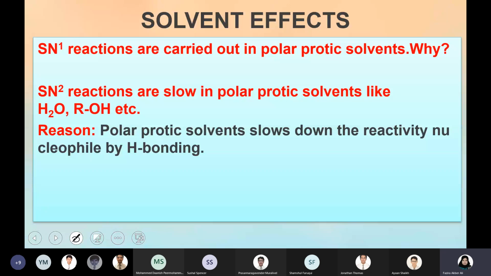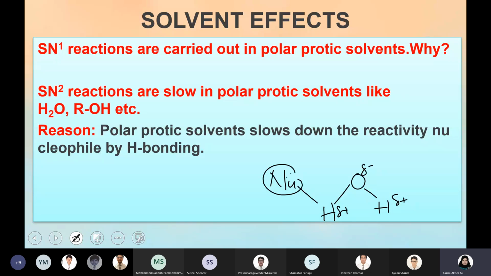The reason: polar protic solvents, for example water, it's a protic solvent, and on top of that it's polar also. That means there is a negative charge and a hydrogen positive because of the electronegativity difference of oxygen and hydrogen. Oxygen is electronegative and hydrogen is not that electronegative. So there is charge separation, so it's a polar bond. Due to this polarity, the nucleophile will try to make a bond with hydrogen, or will be part of a hydrogen bonding.